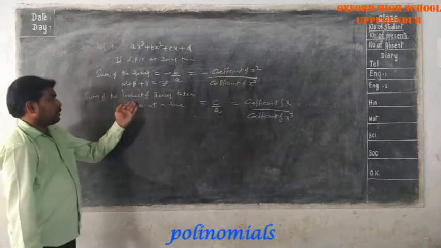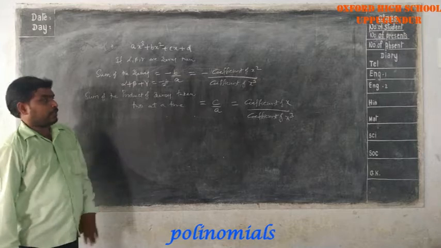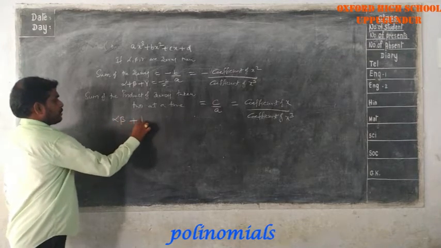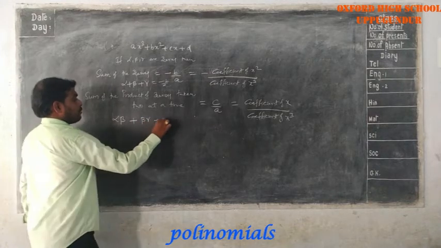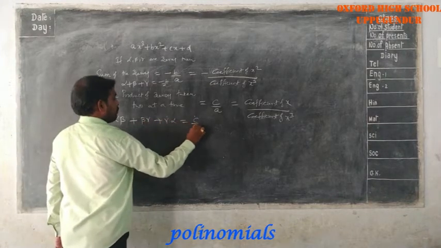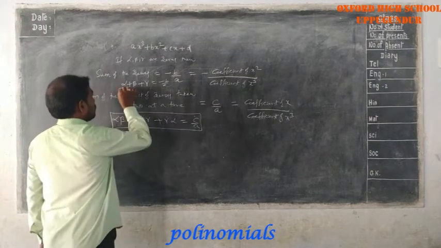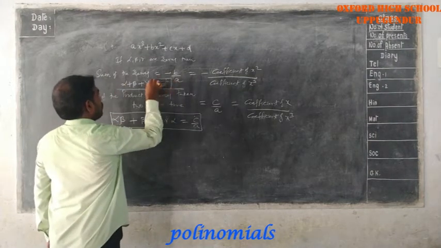Sum of the product of the zeros taken 2 at a time, that means alpha beta plus beta gamma plus gamma alpha equals c by a. So this is the second condition. This is the first one.